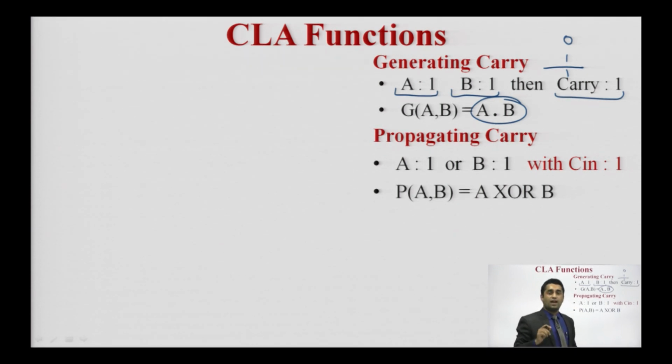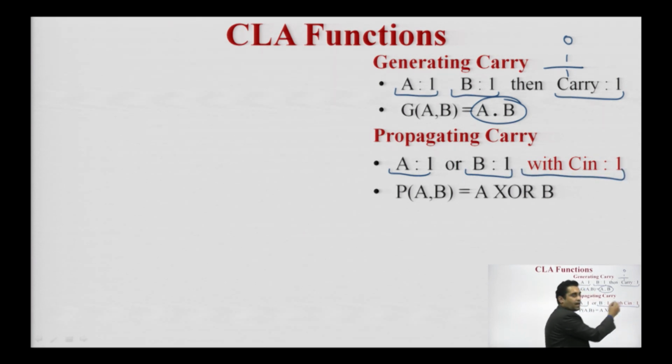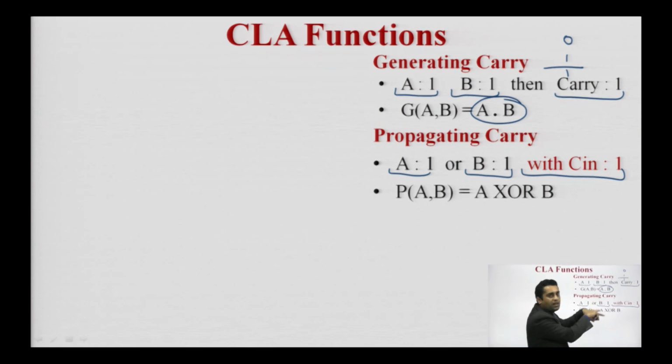So when the carry is going to propagate, either A or B, meaning either the first number or the second number, is 1. If none of the numbers is 1, then the carry can't propagate, it just converts to the sum part. So here either A or B can be 1, in this case with this carry in. Now it is a combination which propagates the carry.